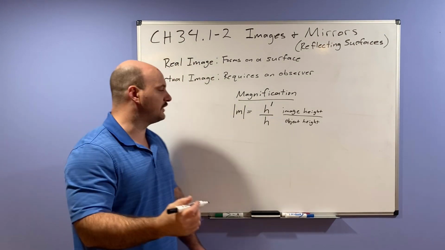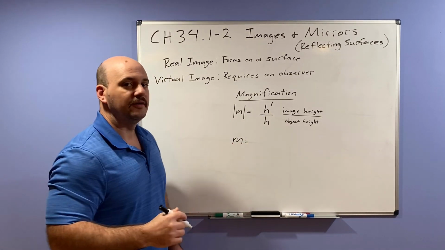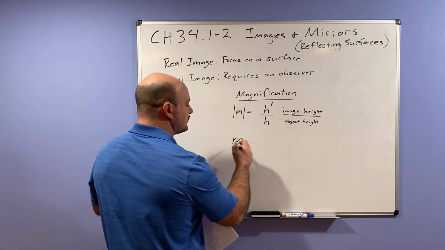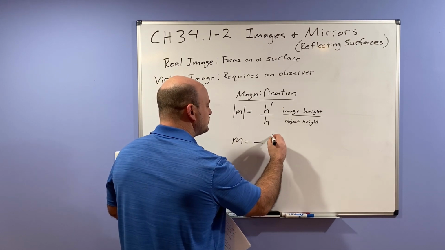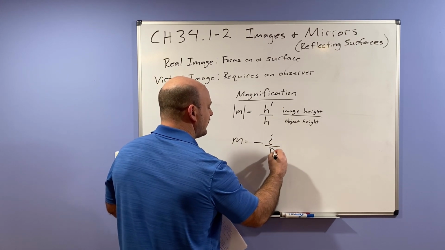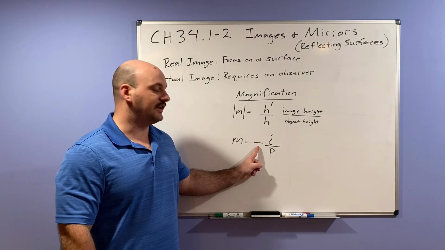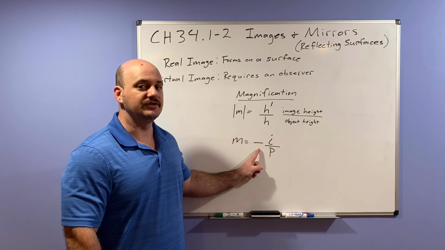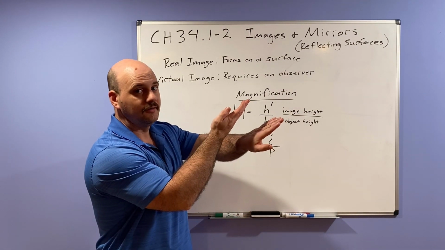We can also get the magnification as a ratio of the image distance and the object distance. So the overall magnification will be the negative of the image distance divided by the object distance. And the significance of this negative sign tells us whether the image is upright or inverted.